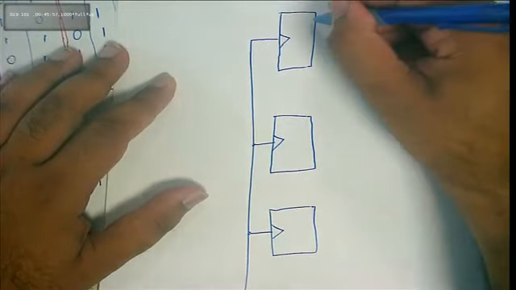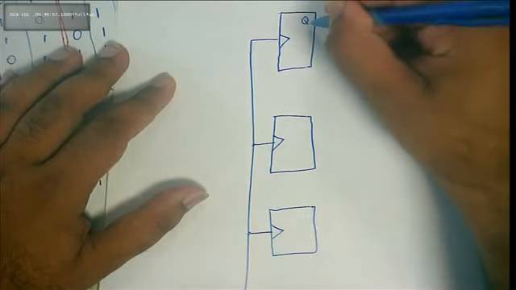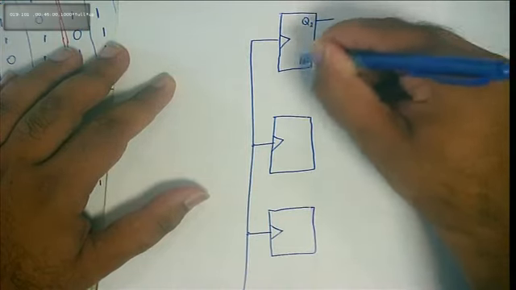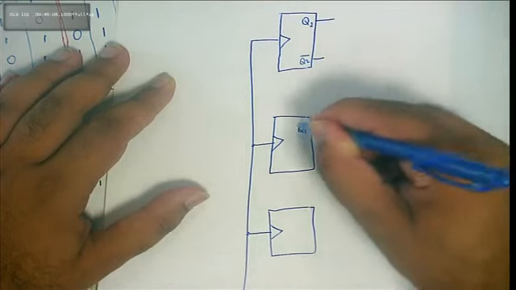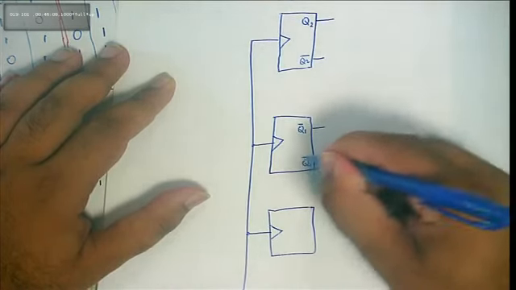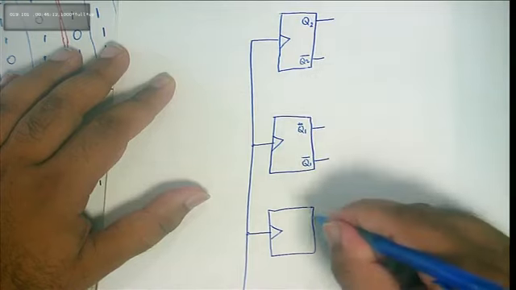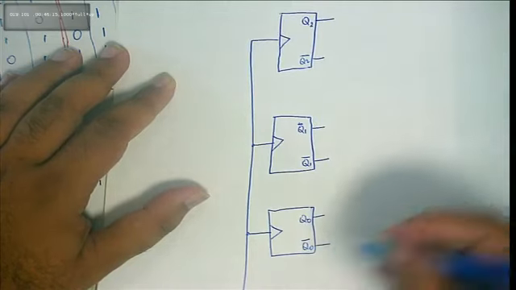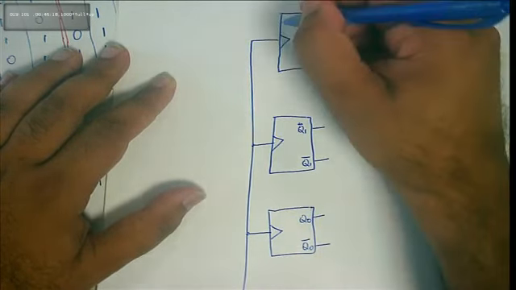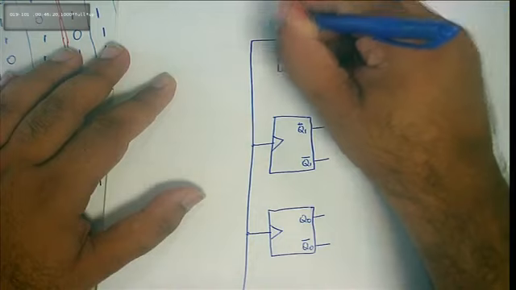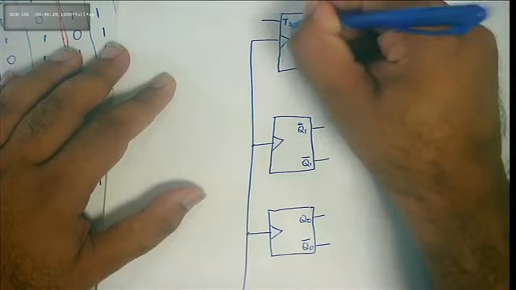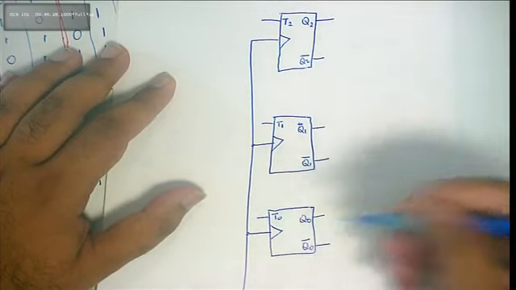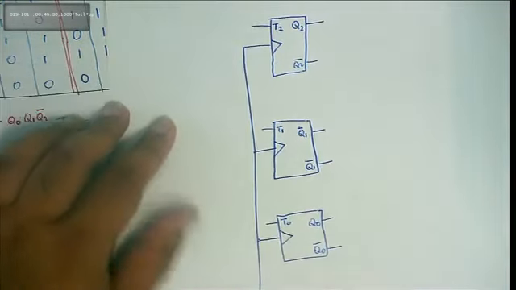Okay, you've got your Q, let's call this 2, 1, 0: Q2, Q2 bar, Q1, Q1 bar, ignore that bar there, Q0, Q0 bar. Set? Everyone happy? And what do we have over here? There's one input each: T2, T1, T0.